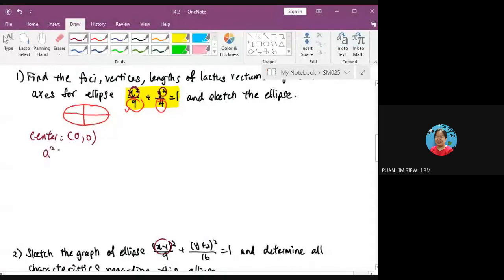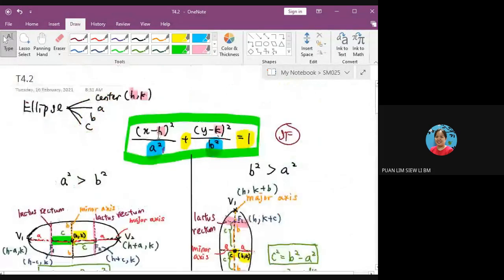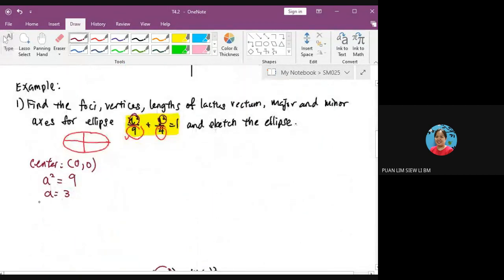So A square is the value under X, which is 9, so A is 3. You have to remember the formula here: the value under X is A square, the value under Y is B square. So B square is 4, which means B is 2. What is C?